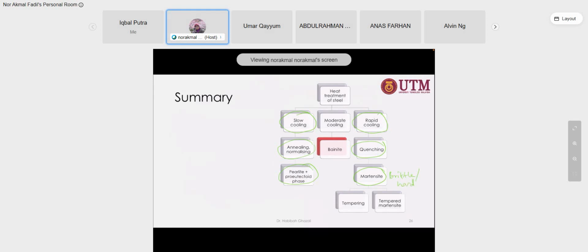And we obtain pearlite, which is soft or ductile, depending on the carbon content. But this one is moderate. This one is in between the pearlite and martensite.